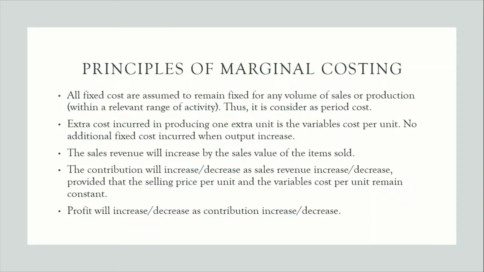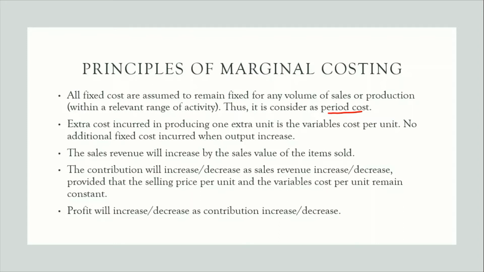Okay, so the principle that you have to know for this costing is that all fixed costs are assumed to remain fixed at any volume of sale or production. That is why it is considered as period cost. So this method, they assume that the fixed costs are the same. That's why they exclude it. Okay. Extra cost incurred in producing one extra unit is the variable cost per unit.